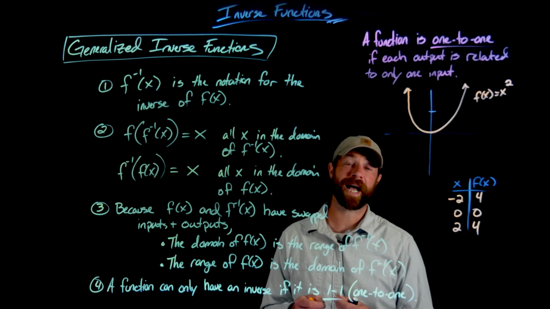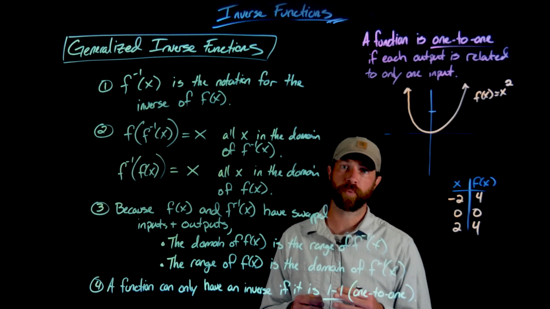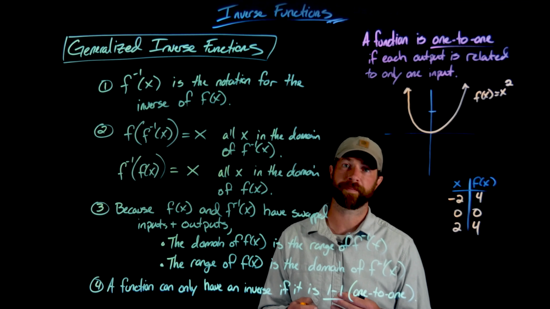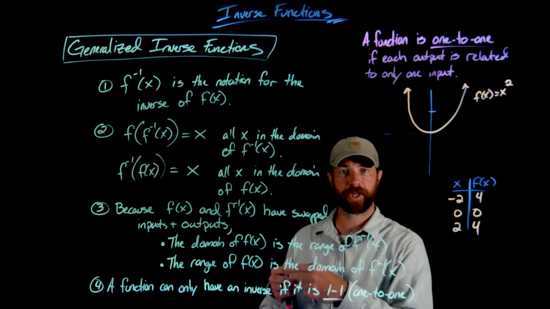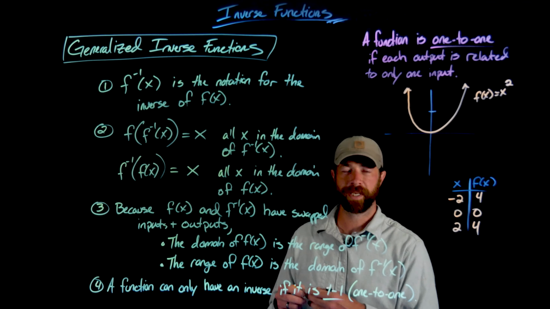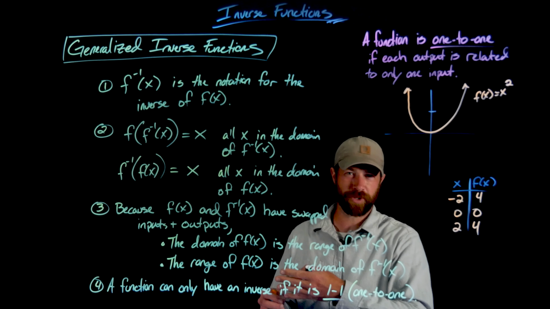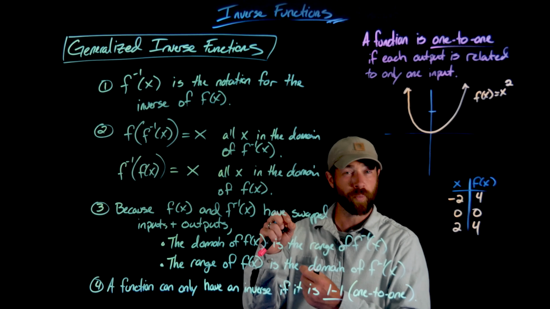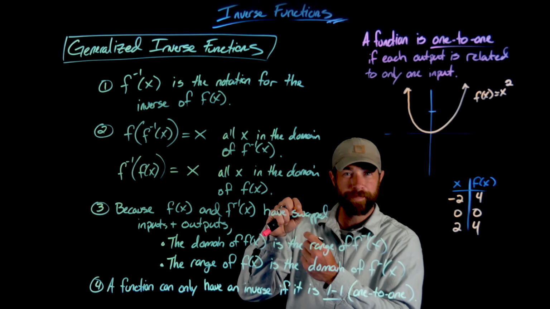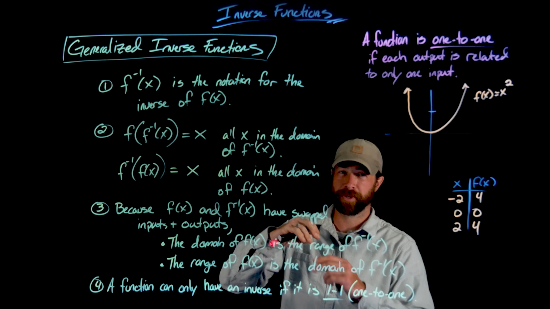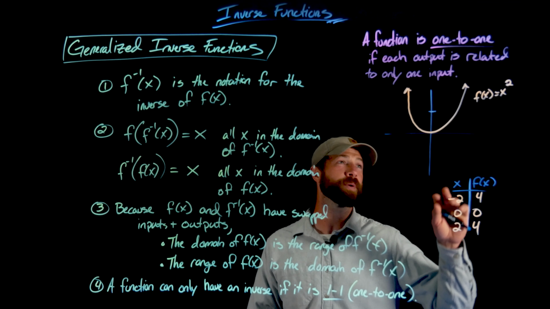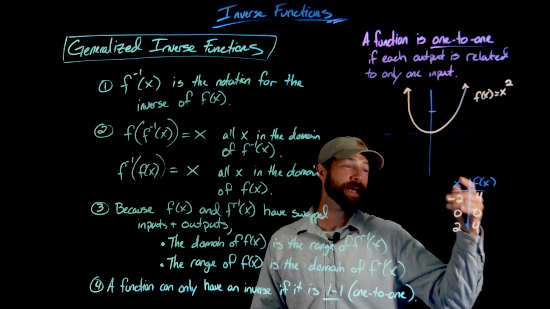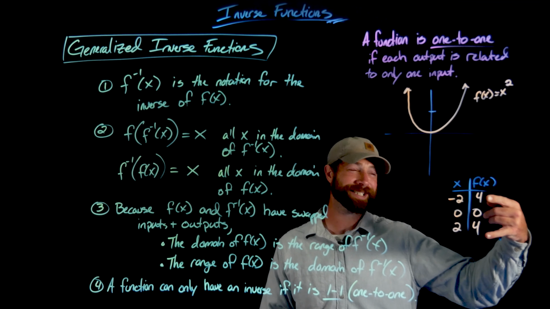If you're looking at the graphical representation of a function and you're wondering, is this function one-to-one? Just like we have the vertical line test for determining whether a relation is a function, where we drew a vertical line, and if it went through more than one point, then we had an input with two different outputs, which is absolutely not allowed for functions. In this case, if we want to know whether it's one-to-one, we're asking, does something like this occur?